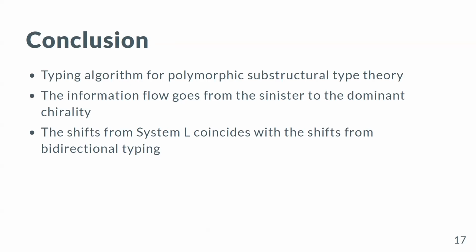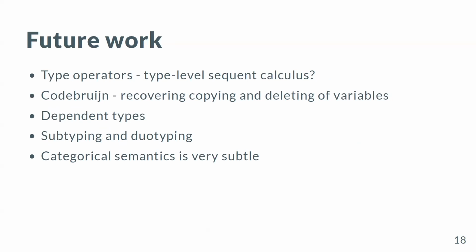You can decide the discipline of a connective by its principal chirality. Information flow always goes from the sinister pattern to the primitive chirality, and the shifts from system L coincide with the shifts we'd expect in bidirectional type checking.